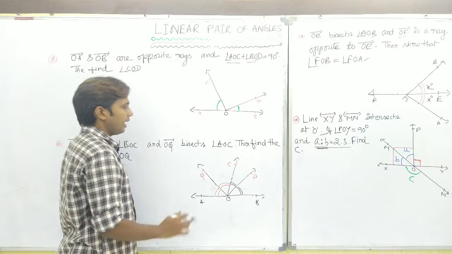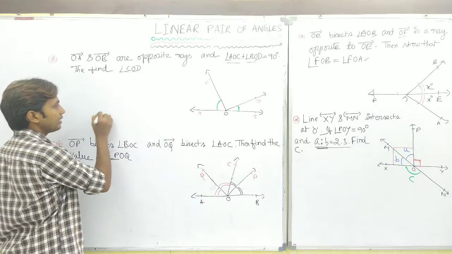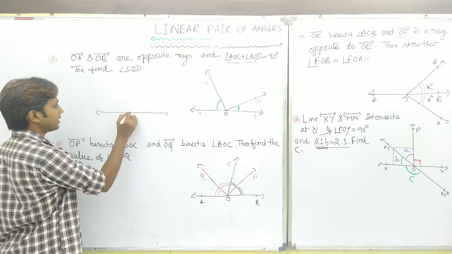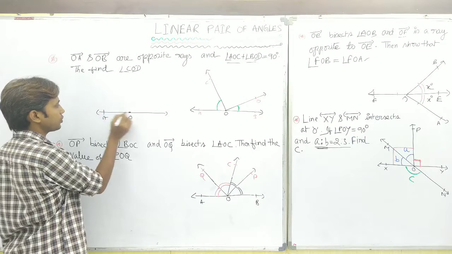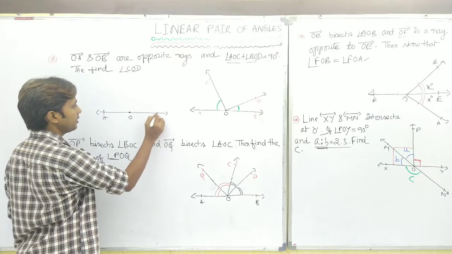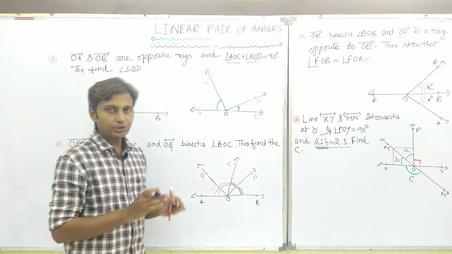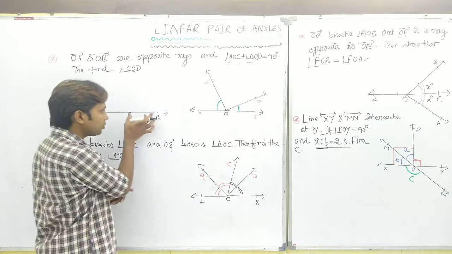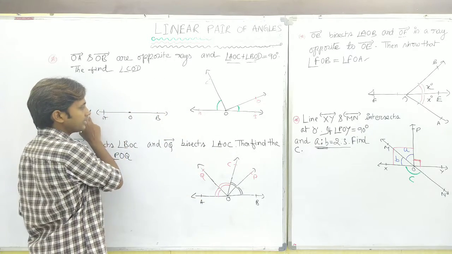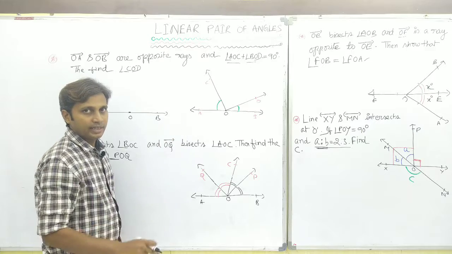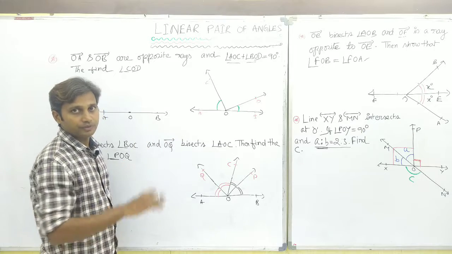I want to ask you one thing. Here these are oppositely directed rays. This is O, this is A, this is OA and this is OB. When these two are oppositely directed rays, we don't need to consider them as two separate rays. We can consider this entire part as one straight line, as we discussed in the previous video.